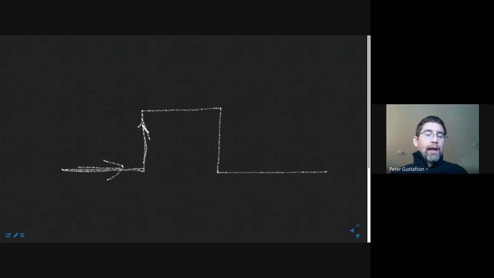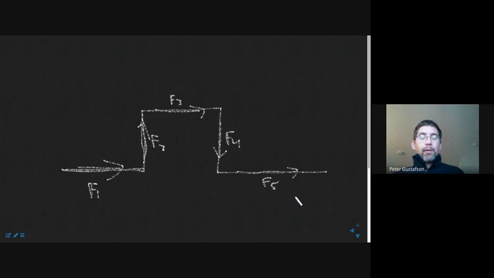We can also replace this one with a statically equivalent force. We can do the same here, here, and here. So I'm going to call this one F1, that's force in segment 1, F2, force in segment 2, F3, force in segment 3, F4 is force in segment 4, and F5 is force in segment 5.